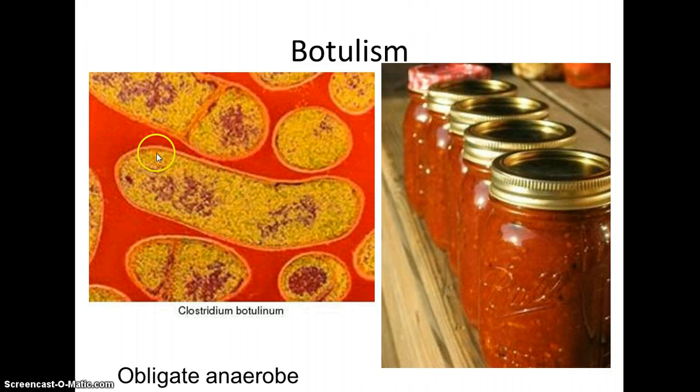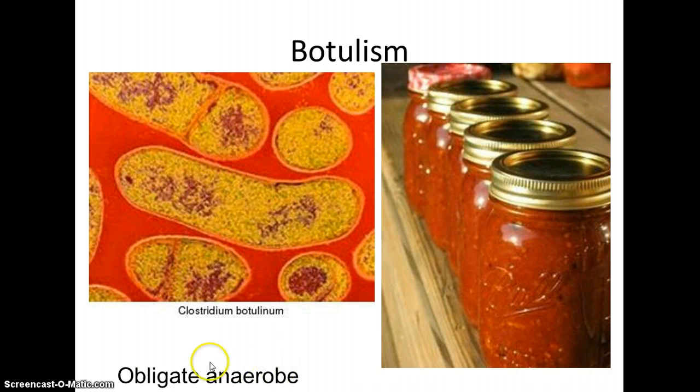We're not really a host so much. But if it does get inside of us, that's a problem because it produces a compound which is toxic to us and can kill you. So again, it doesn't need you, but if it gets inside you, that's a bad thing. It's an example of an obligate anaerobe.